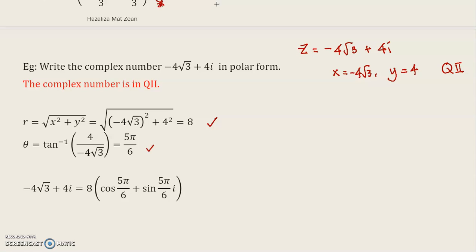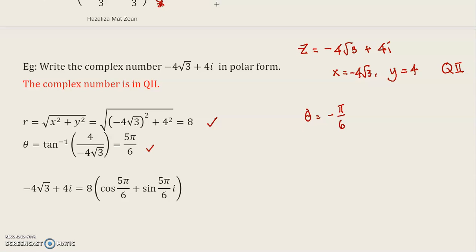When we calculate and put it in the right quadrant, it should be 5 pi over 6. If we calculate that with the calculator, it will give us 1 over square root of 3 in absolute value, and then arctangent will give us negative pi over 6.